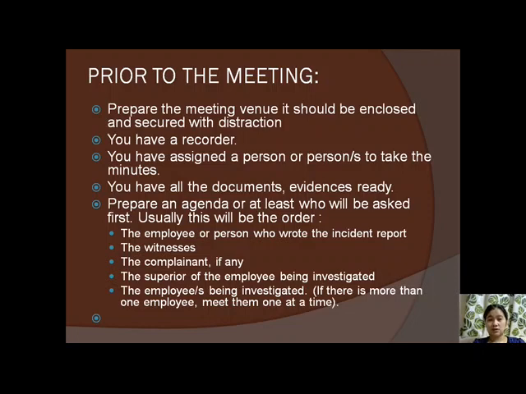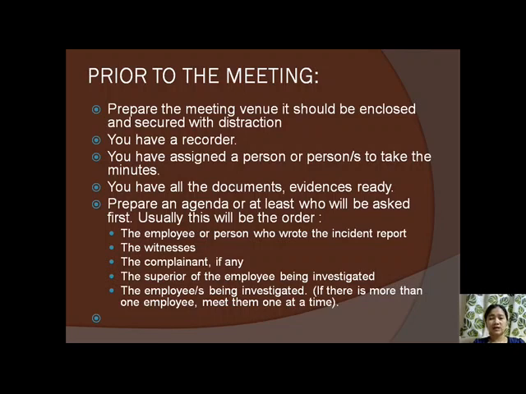You should have a recorder, and you should assign a person to take the minutes. In other words, you need to document the hearing by taking down the minutes. And you need everybody in attendance during the hearing to sign the attendance sheet, with their signature as proof or part of the documentation.